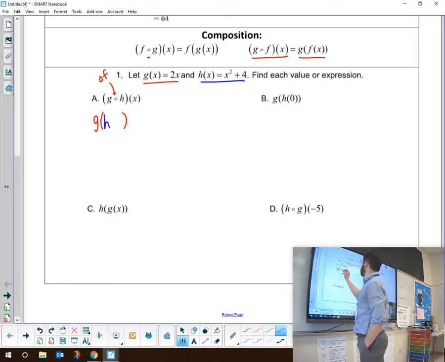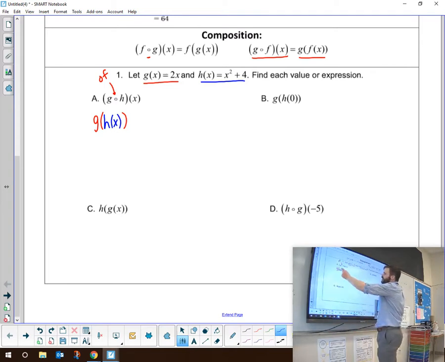We're going to take whatever h of x is, and we're going to plug it in for g of x, okay? That's all it is. We're just nesting one inside of the other.